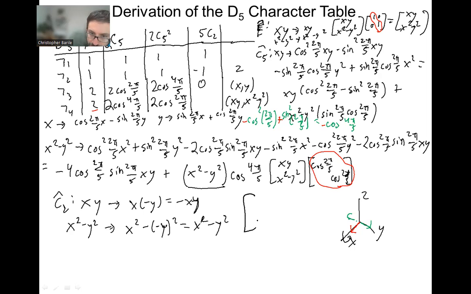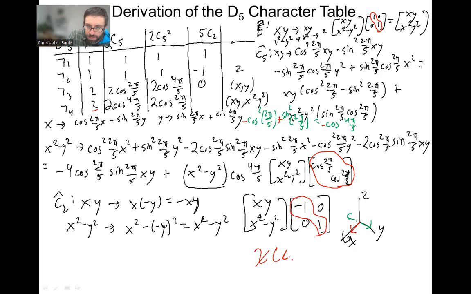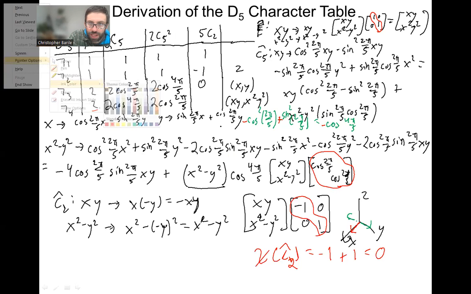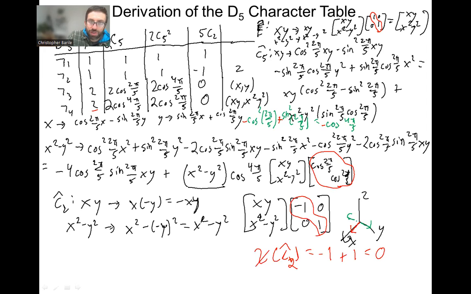And so our 2 by 2 matrix, xy, x squared minus y squared, that explains this transformation is going to be negative 1, 0, 0, 1. Take the trace of the matrix, and your chi, your character for the C2 operation, is negative 1 plus 1, which of course equals 0. And so that gets us a 0 here. So we derived the character table.